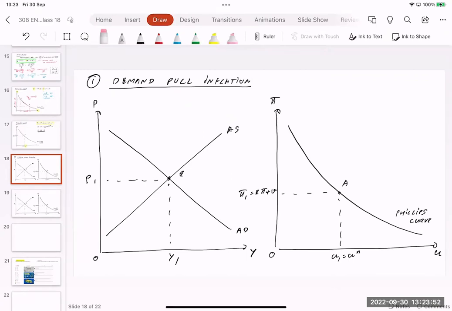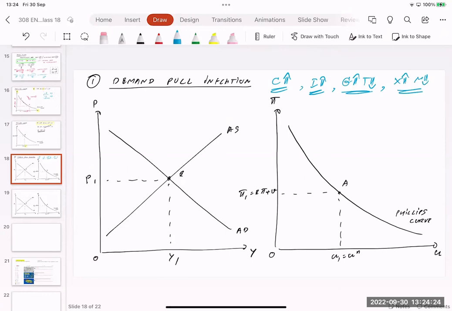Demand pull inflation is inflation that comes from the demand side. This is a situation where for some reason the household sector consumes more, the business sector invests more, the government may be using deficit fiscal policy, spending more and taxing less, or the international trade is good for our country, we export more and import less.